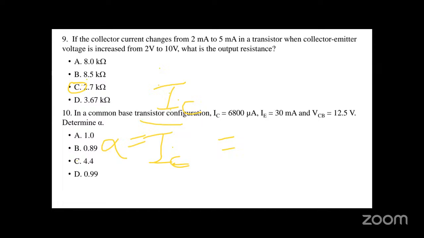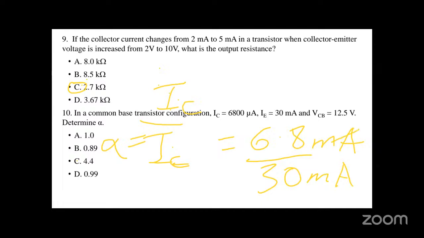So the output current is 6,800 microamps. We convert that to milliamp, which gives us 6.8 milliamp over 30 milliamp.